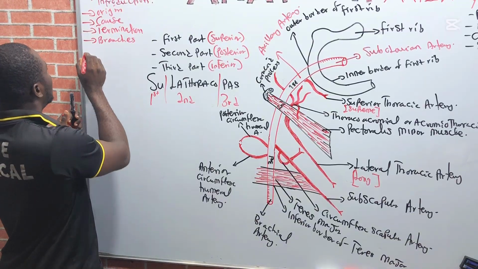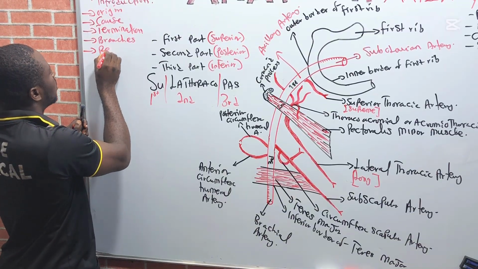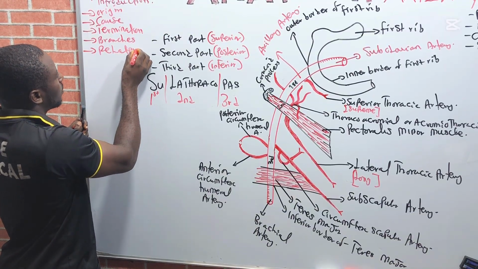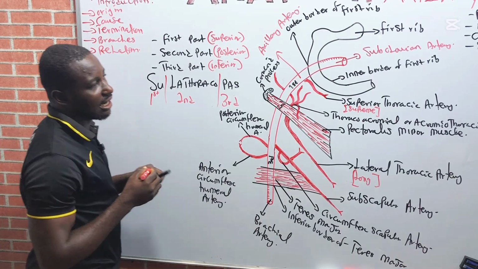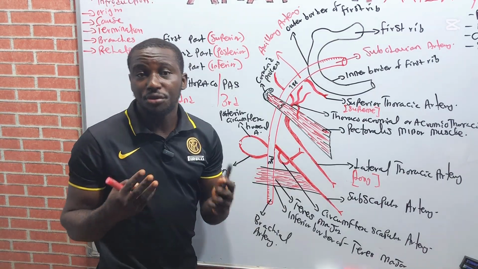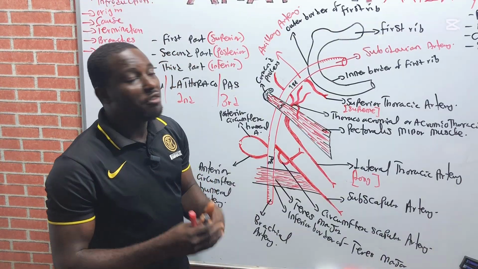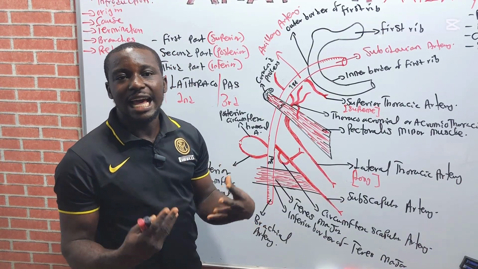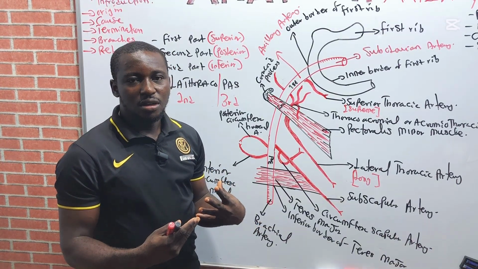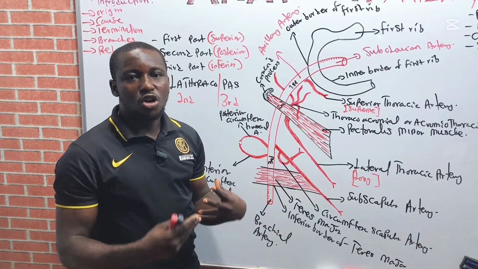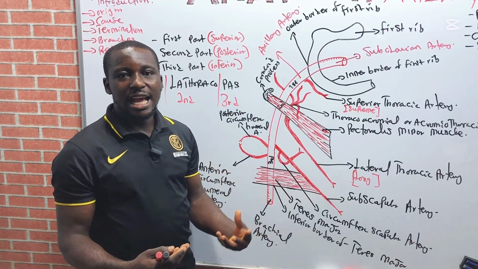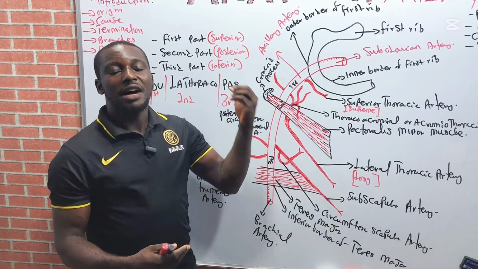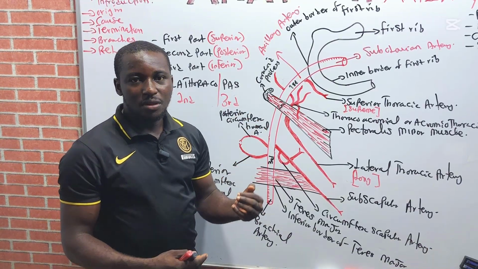So the next one is the relation. What are the relations of the axillary artery? The axillary artery has a simple relation, right? The first is that the axillary vein is related medially along the course of the axillary artery in the axilla.